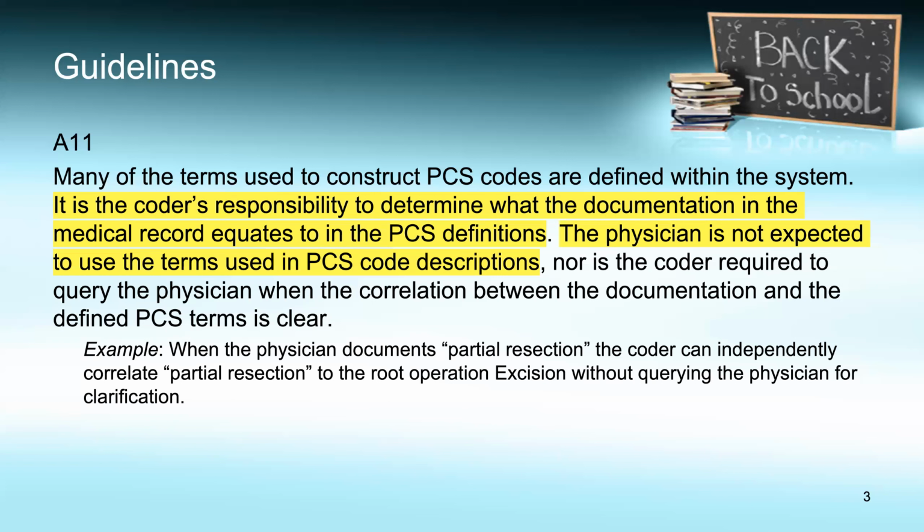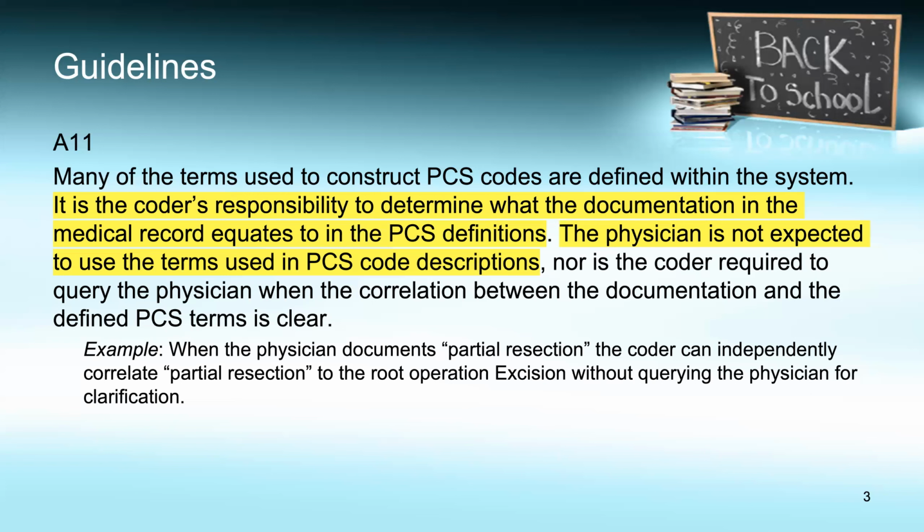The first guideline I want to go over is one of the general guidelines, and the general guidelines apply to all sections. So guideline A11 states that many of the terms used to construct PCS codes are defined within the system. It is the coder's responsibility to determine what the documentation in the medical record equates to in the PCS definitions.